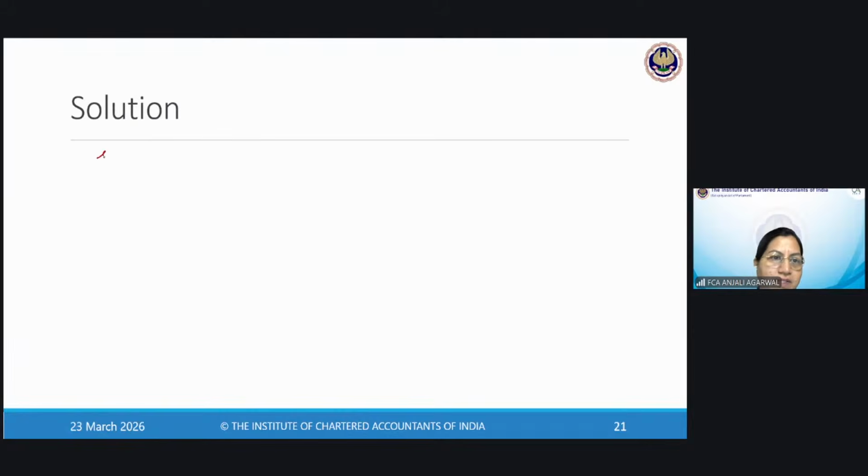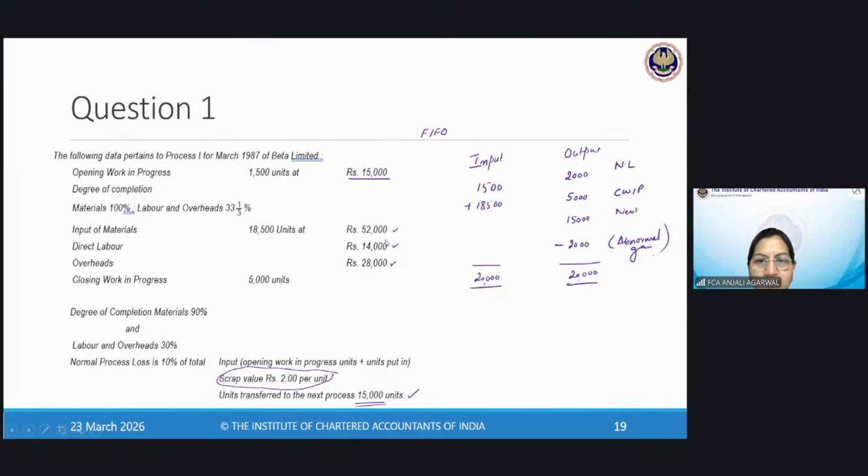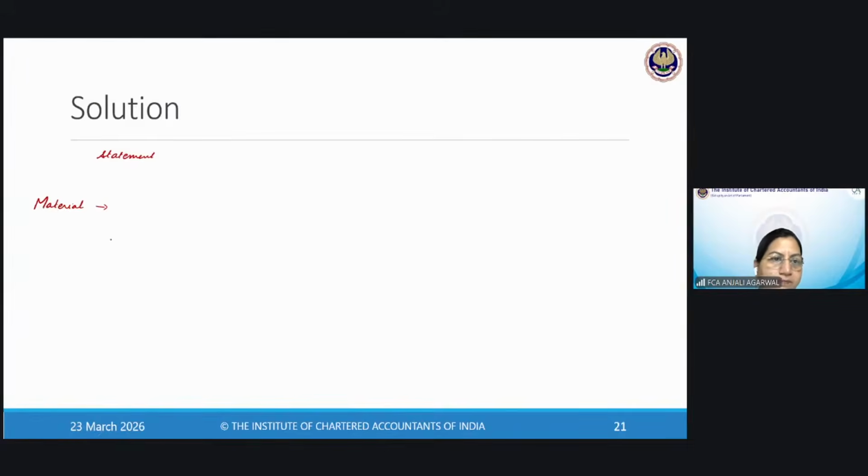Second, you will prepare the statement for each element of cost. So material is the first element. The total cost of material is 52,000. Less scrap realized from normal loss. 2,000 units is normal loss, which can be sold at 2 rupee per unit.